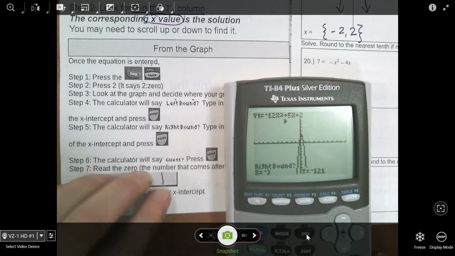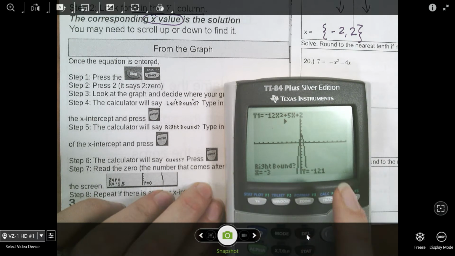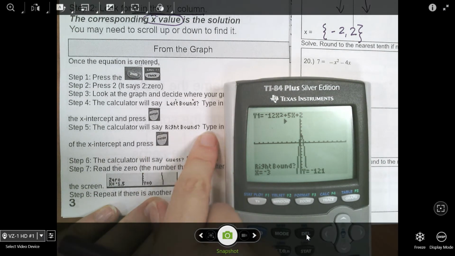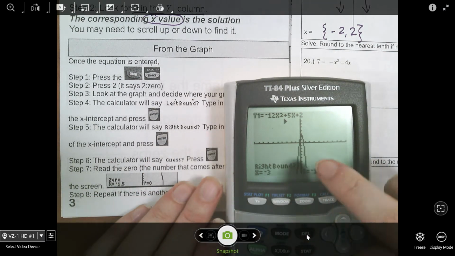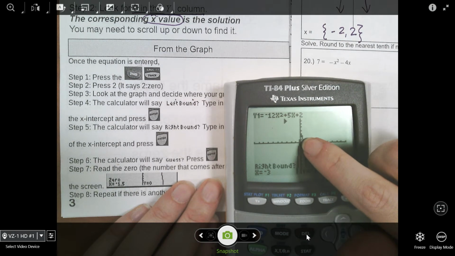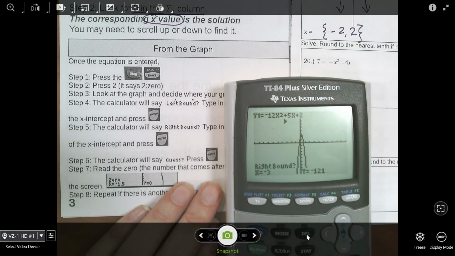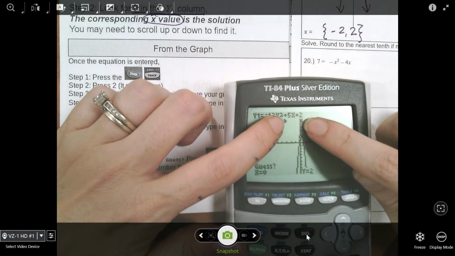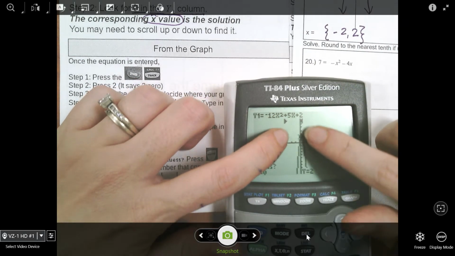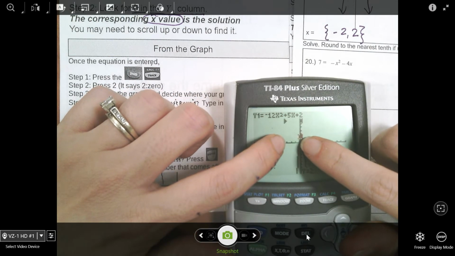Okay, and now it's saying what number on the right. So I'm on step 5. And I'm just going to pick any number to the right. But you have to be careful because if I pick something over here, it will confuse the calculator because I have 2 solutions between those. So I'm actually going to pick 0. So you can see there are little arrows here. It's saying, okay, you only look between here and here, and there's only one intersection point there.